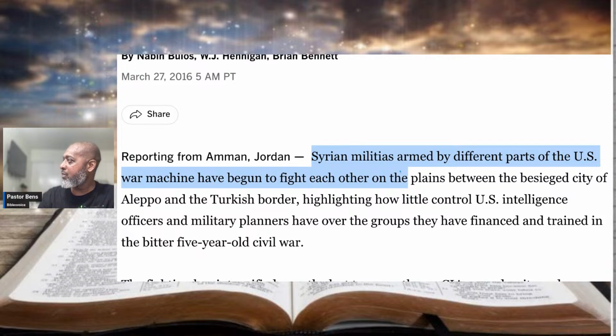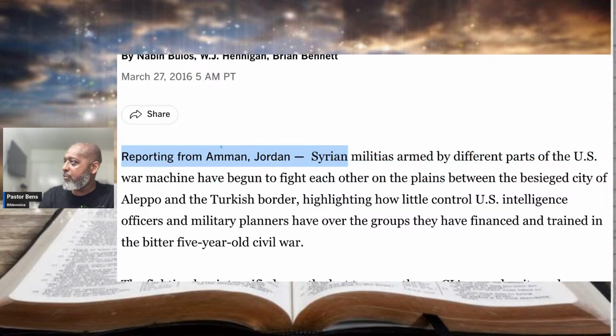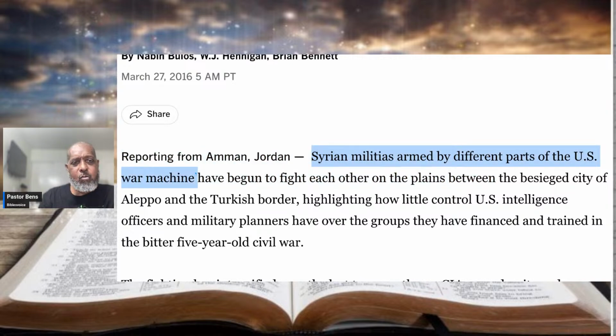Syrian militia are armed by different parts of the U.S. war machine.